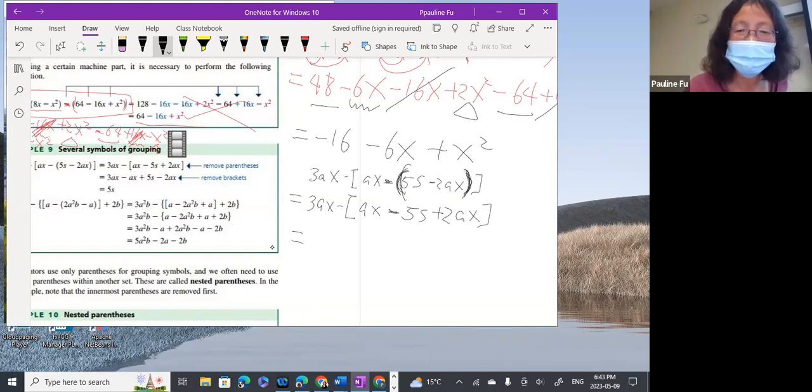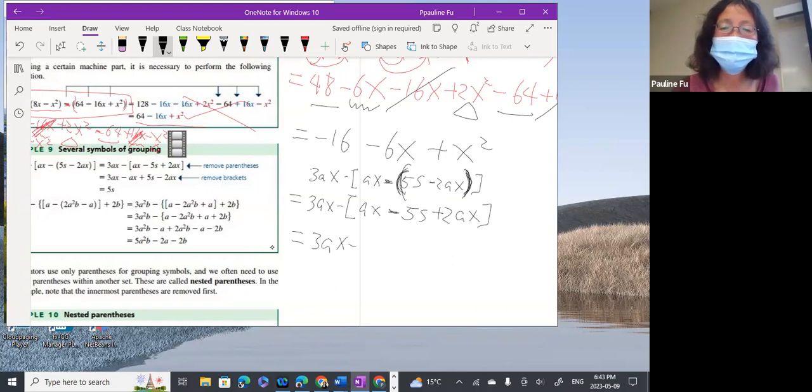Second step, take away the square bracket. There is a negative sign in front of the square bracket, so you need to change the sign inside. So ax becomes negative ax. Negative 5x becomes positive 5x. Positive 2ax becomes negative 2ax.